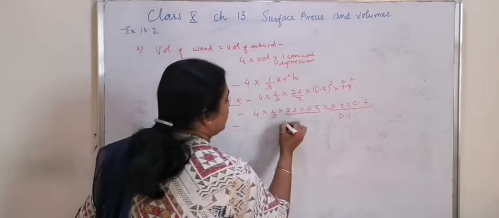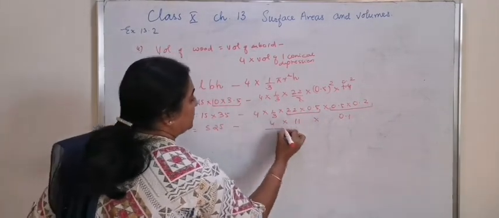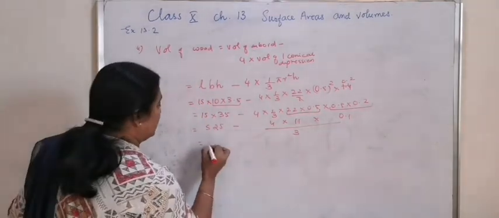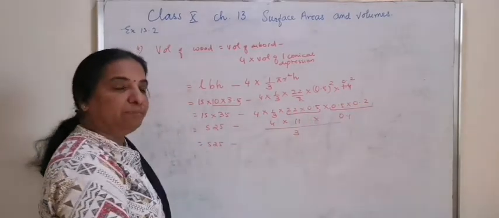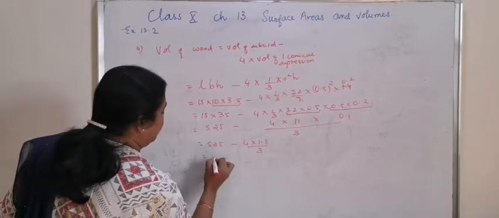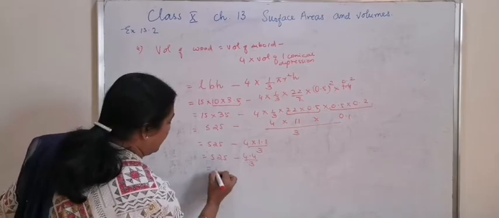Removing one decimal place, it is only 11. Then 4 into 11 into 0.1 by 3. That is 525 minus 11 into 0.1, which is 1.1. So 4 into 1.1 by 3. 525 minus 4.4 by 3.